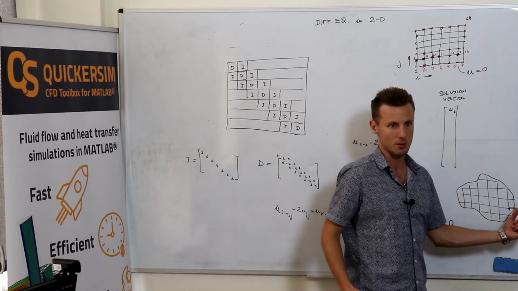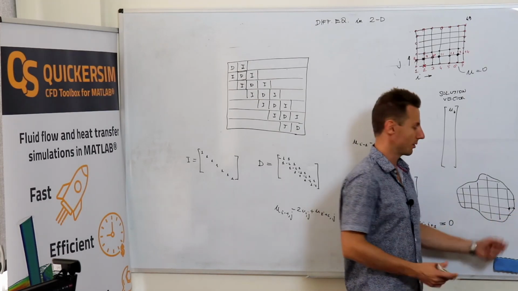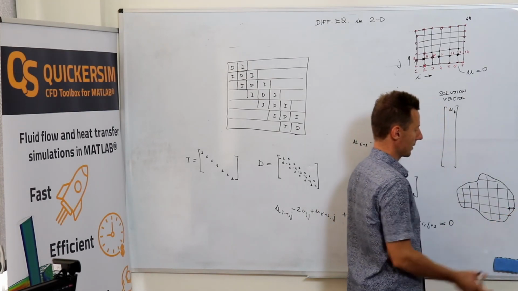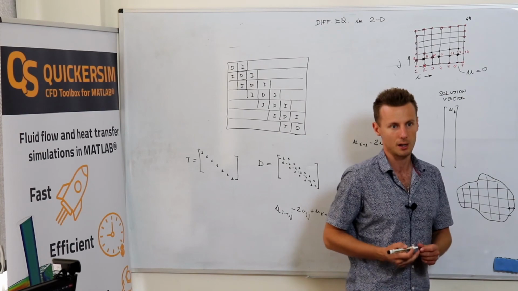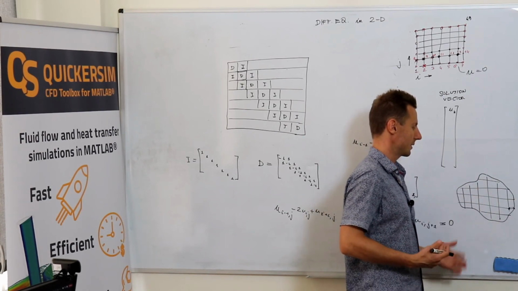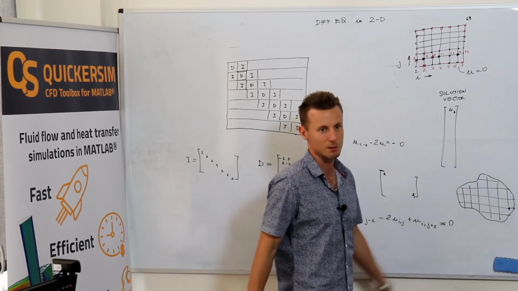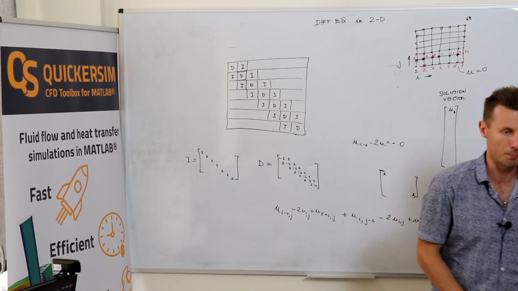So you haven't got a constant step size; you've got something smaller, and you can derive the discretization formulas for such stencils, and this can be done. But there are better methods to discretize complex geometries.